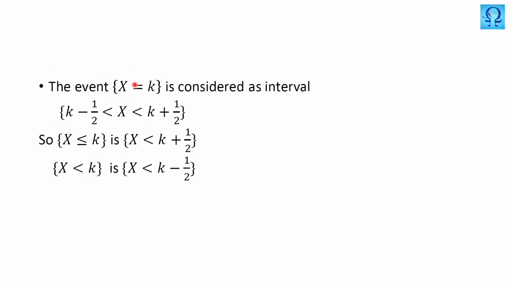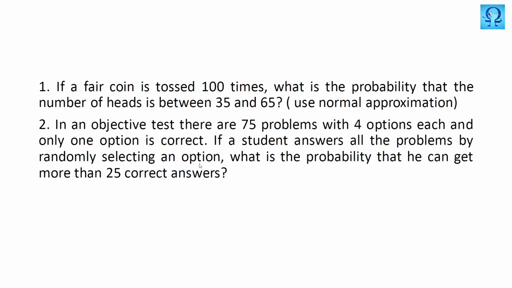The event that X takes the value k is considered as an interval. Whenever you have X smaller than or equal to k in your probability calculation, you will have to convert this to X smaller than k plus half. If you have X less than k, it should be treated as X less than k minus half. This is how you make the calculations when you convert your binomial variate into a normal variate.